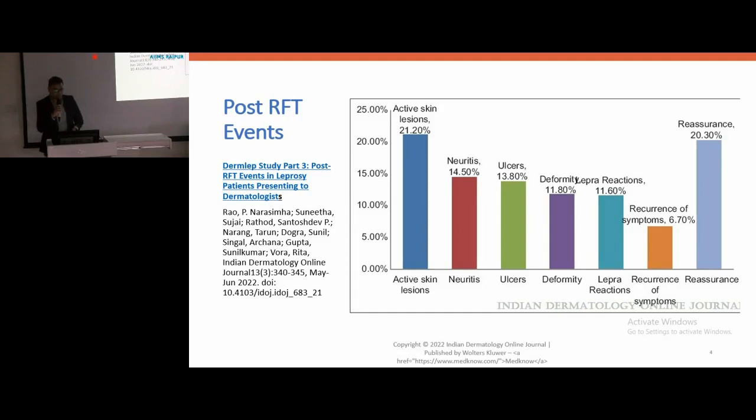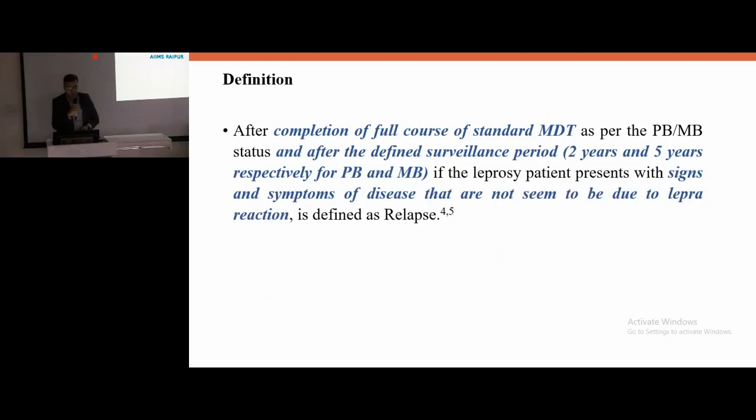First, we should rule out these naturally occurring incidences so that we don't label them as relapse. There are 3 criteria in the definition of relapse. First, the patient must have successfully completed the full course of standard multi-drug therapy as per his or her baseline PB or MB status.